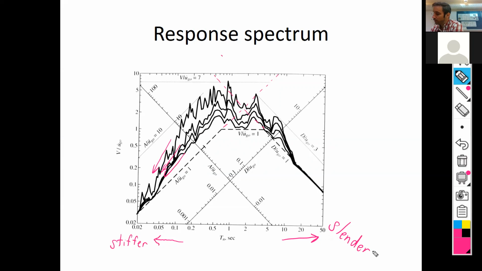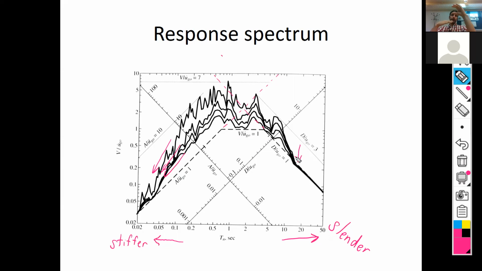And as we can see, all the lines tend to go towards the displacement of the structure being equal to the displacement of the ground. Just as we discussed before, the ground is moving, but the mass of the structure is not moving because the structure doesn't have enough stiffness to accelerate the mass.